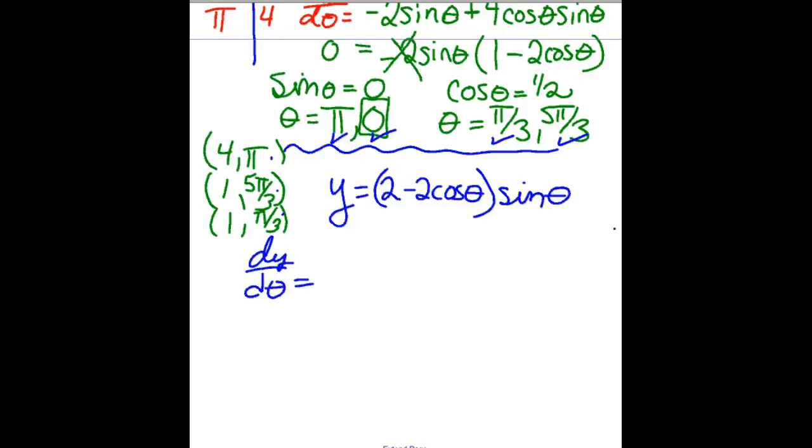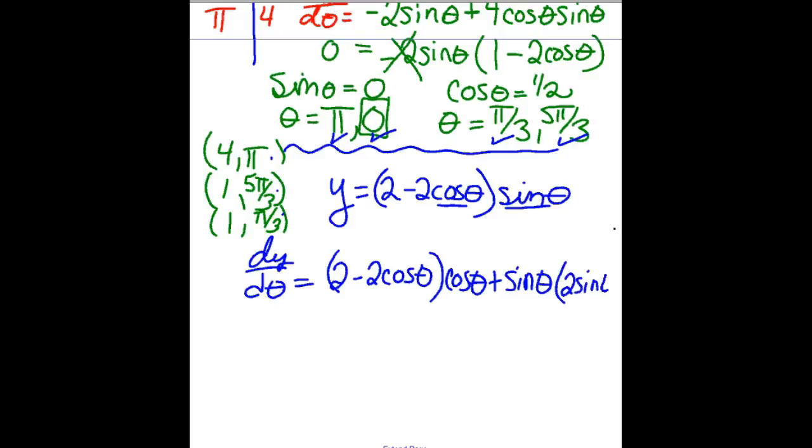Again, I could dump the sign in, but it's going to require the product rule anyway right here. So you're going to do first d second plus second d first, which would be what? 2 sine theta, right?